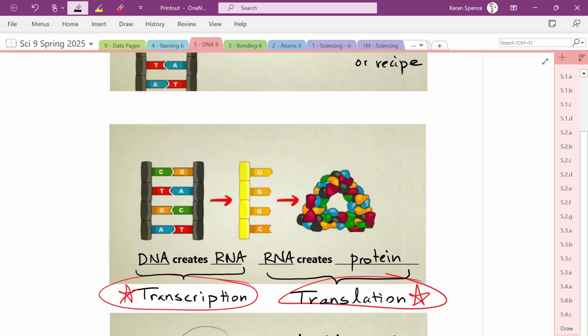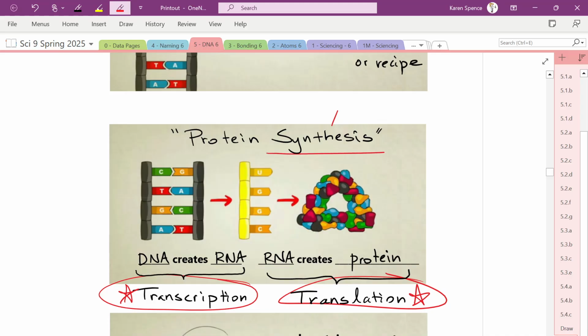This whole process is known as protein synthesis. Synthesis means making.